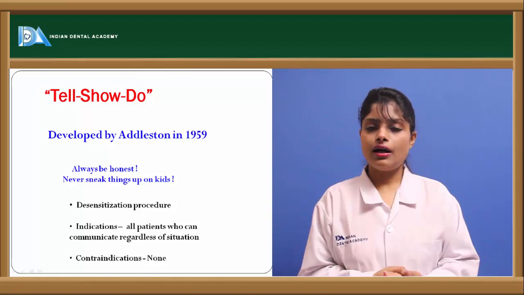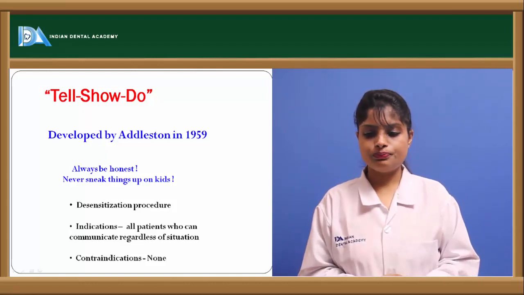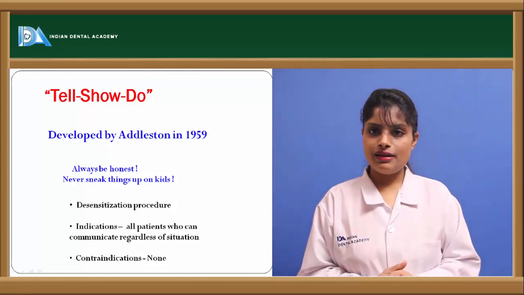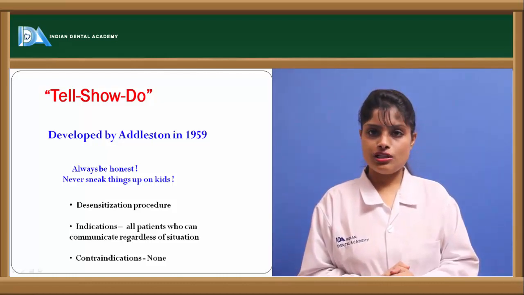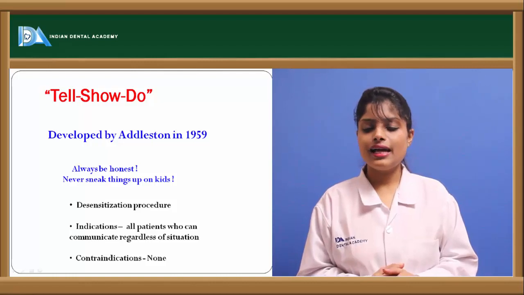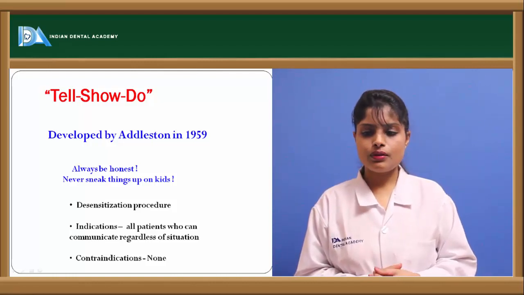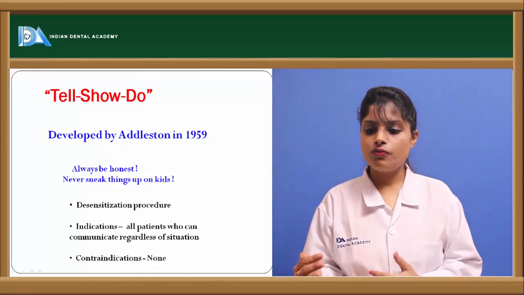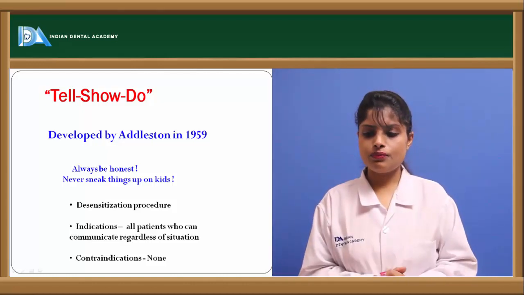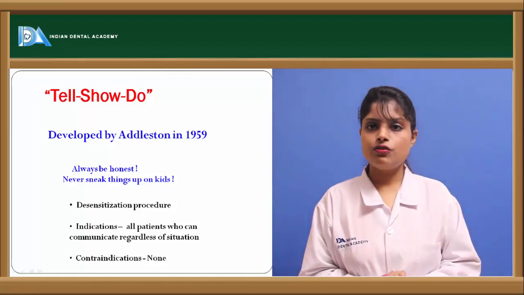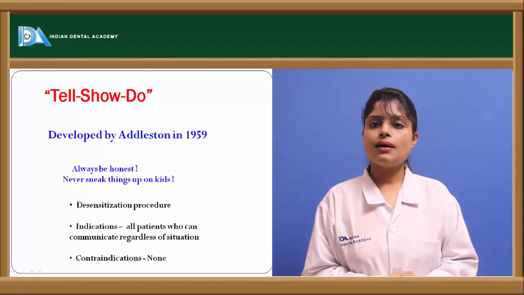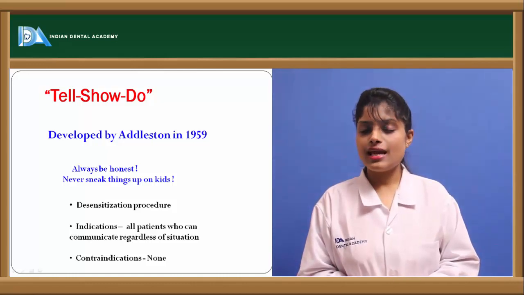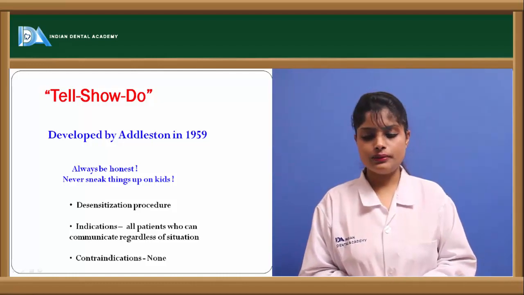The dentist should tell the patient the entire procedure in a brief and explanatory way, with grades of fear-promoting stimuli. Generally, it is indicated in the first dental visit or subsequent visits and for the patient who is apprehensive or who is referred.